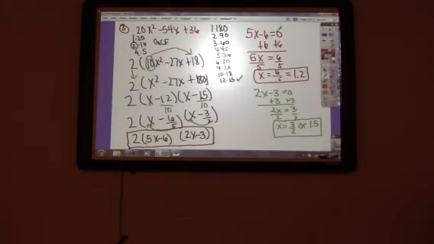So, if your problem asks you to solve or find the zeros, find the roots, you have to finish the factoring by setting each of your factors that have a variable equal to 0. However, if your problem only asks you to list the factors of your trinomial, this is what you would have. 2, 5x minus 6, 2x minus 3.